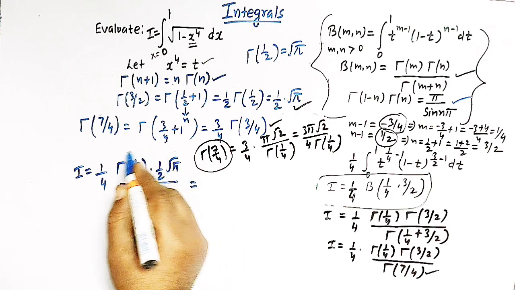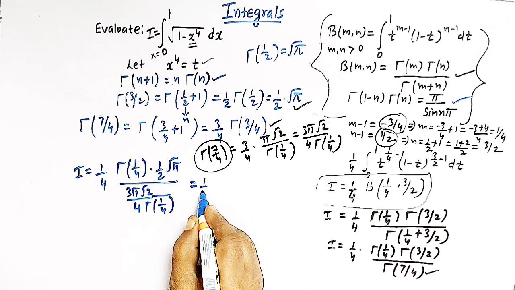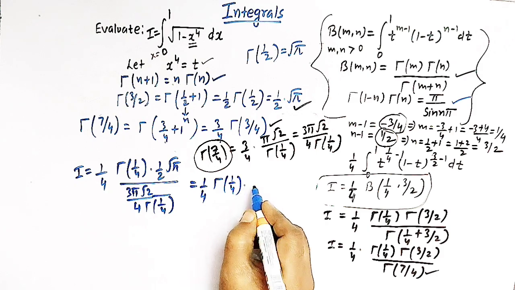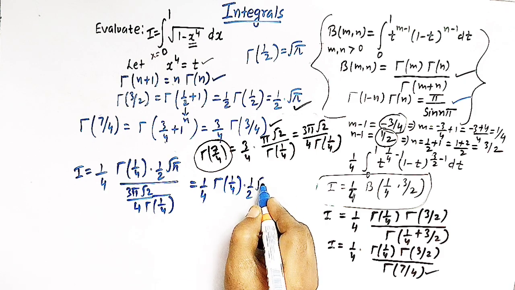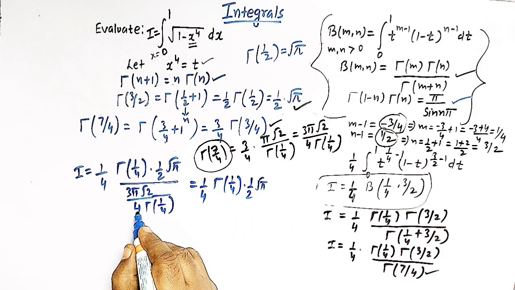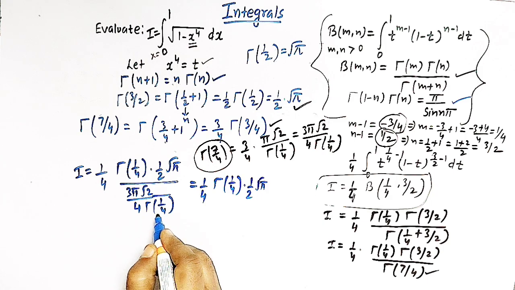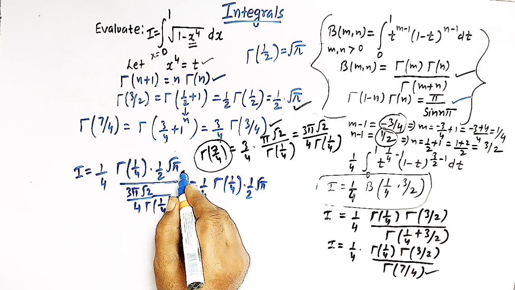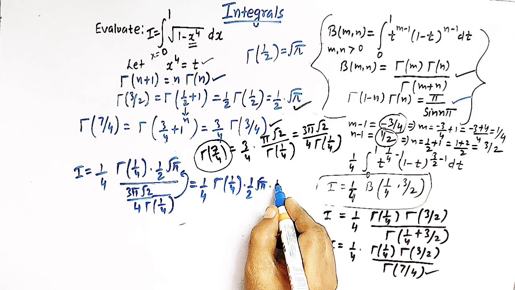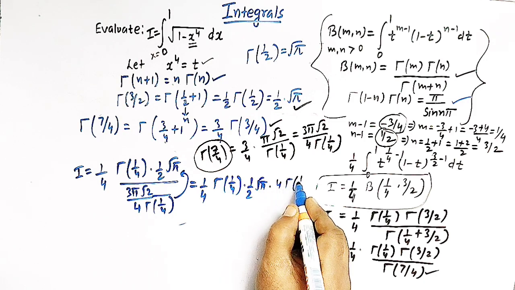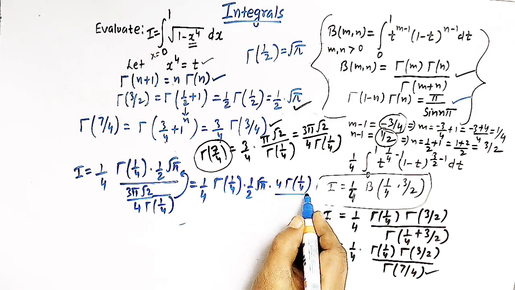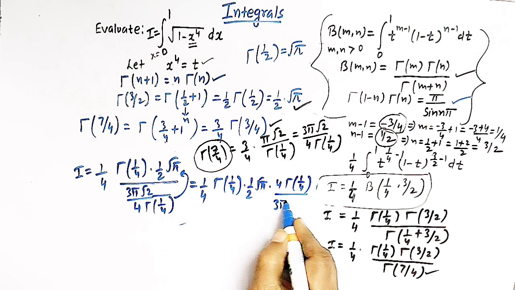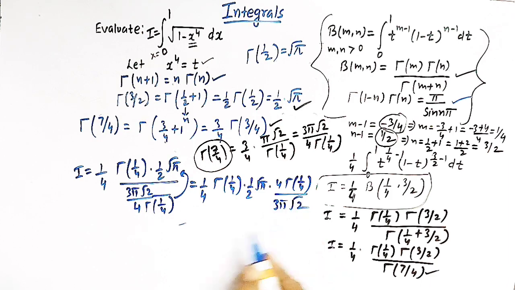So let us rearrange the terms. So we have 1 over 4, then gamma 1 over 4, then half root pi, and taking 4 times gamma 1 over 4 to the numerator, that is we can now write 4 times gamma 1 over 4, and here we have in the denominator, that is 3 pi root 2.